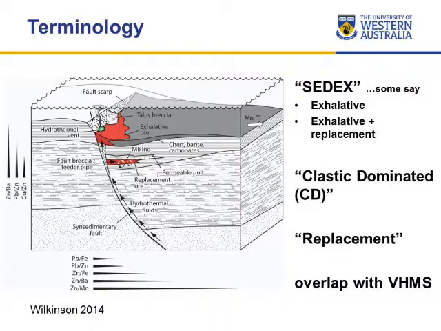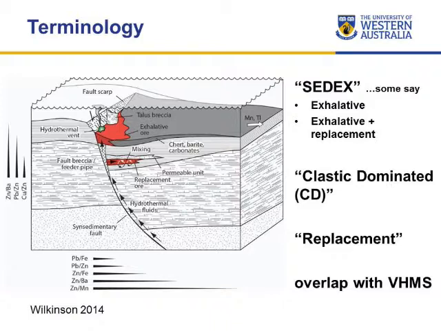These deposits can form as a replacement or by exhaling to the seafloor. However, because of the problem of comparing apples and pears, you don't necessarily know what kind of deposit the author is talking about, as exhalative and replacement deposits are put in the same category.